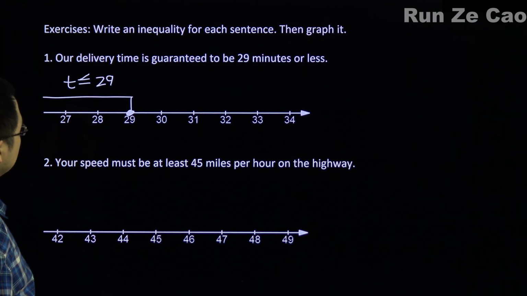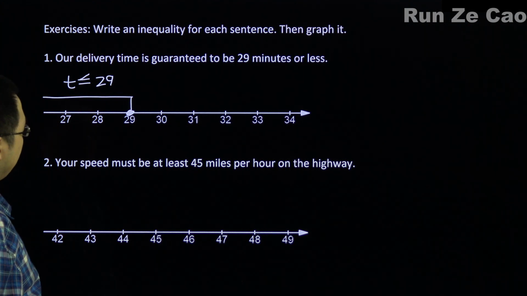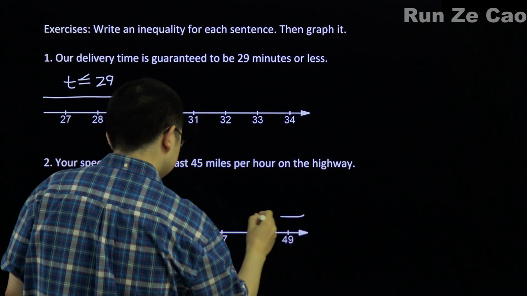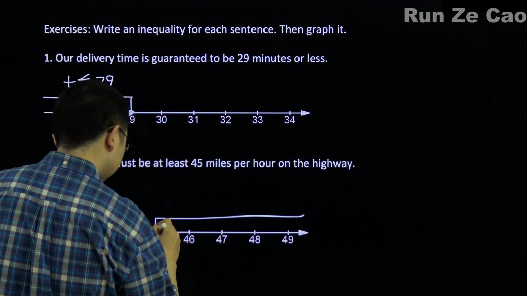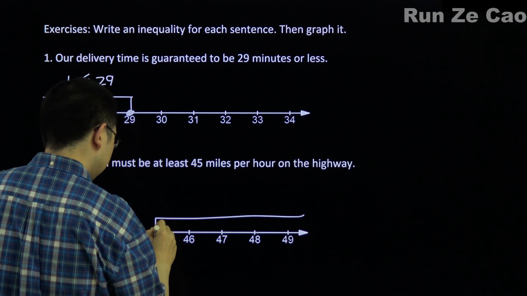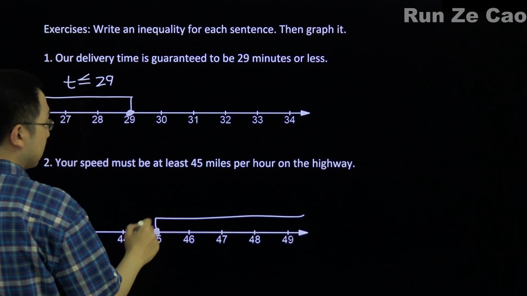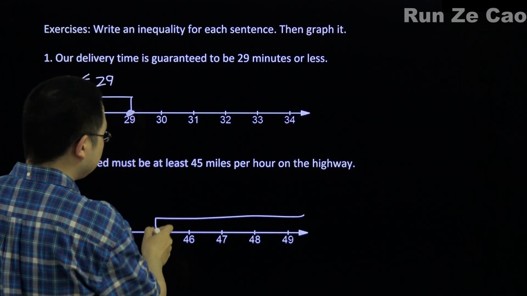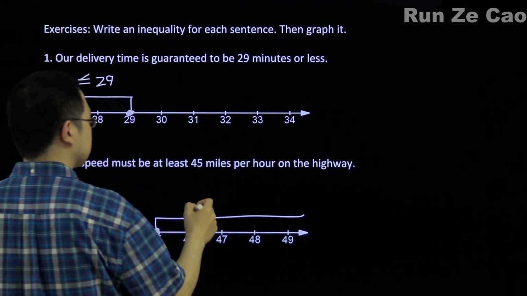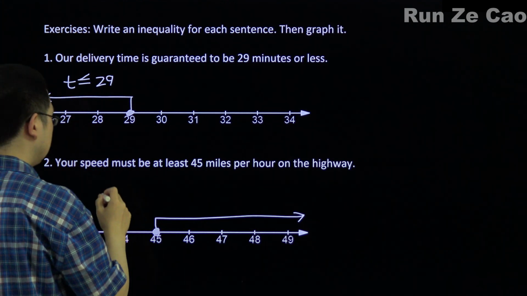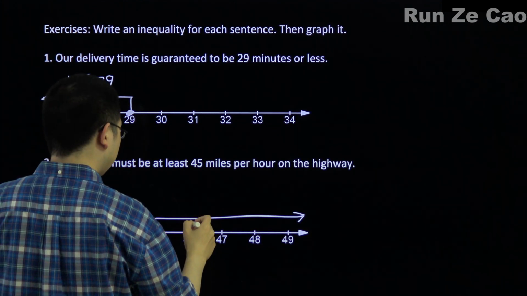Your speed must be at least 45 miles per hour on the highway. This, by the way, this drawing in and then doing this, is an artifact of my equipment not being good at scribbling a dot in one position. So, your speed must be at least 45 miles per hour.